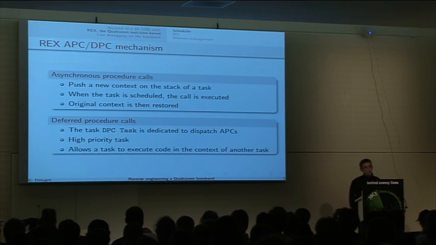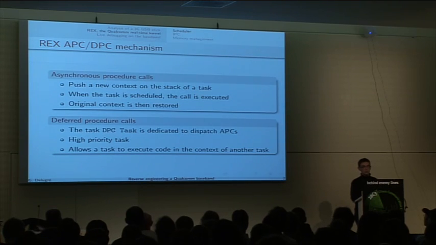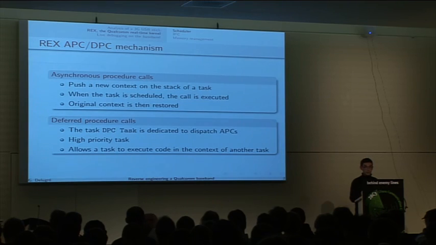The kernel also supports APC and DPC mechanisms. I'm not taking this terminology from the Windows world. It's really called like this in the strings of the kernel. Basically it works in the same way as Windows.